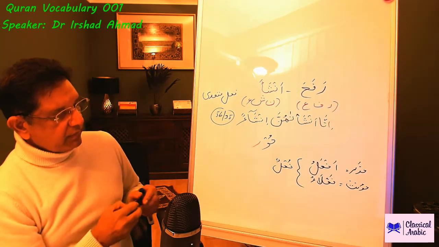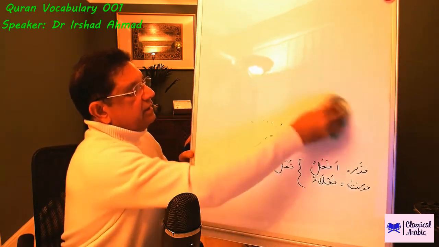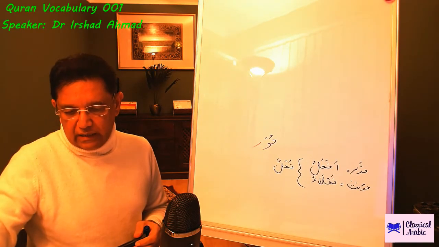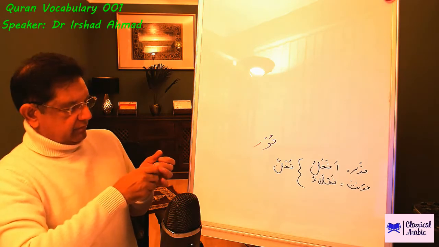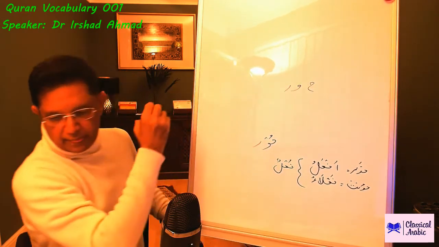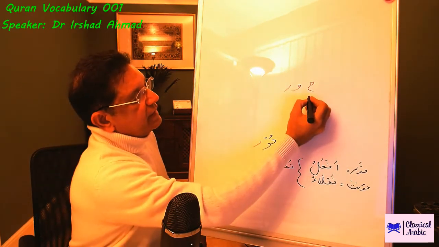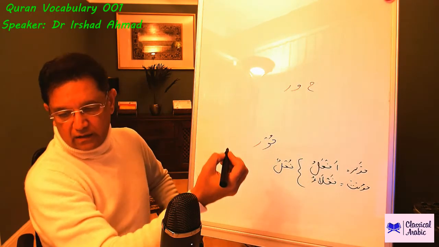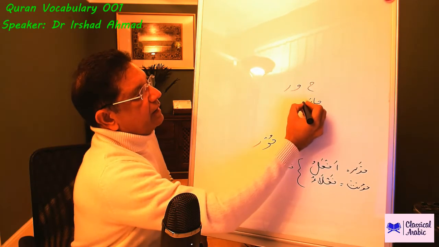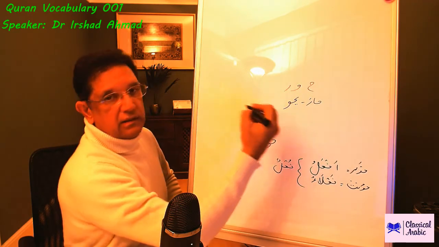Now we have a verb root which is ha, wo, and ra. So that will be mazi mudare hawara yahwaru, but it is then written as a hara, or spoken as a hara yahuru. That wo changes to alif, and there are certain rules which govern that.